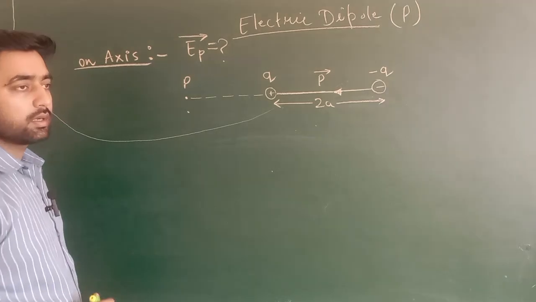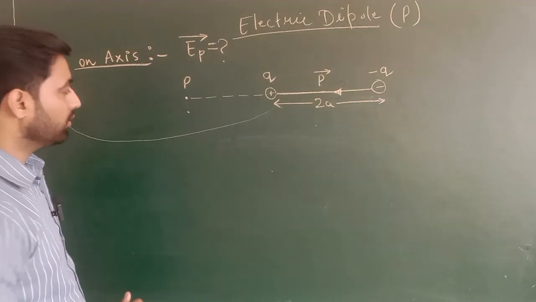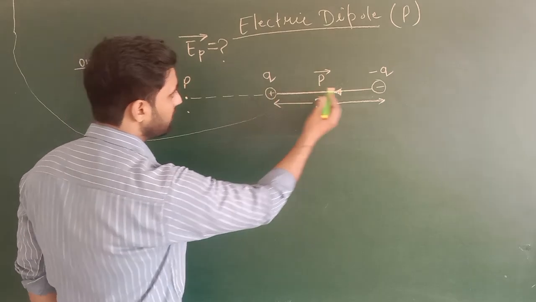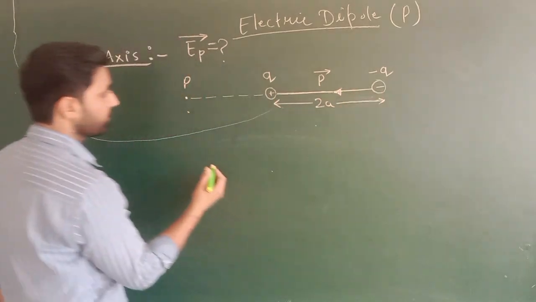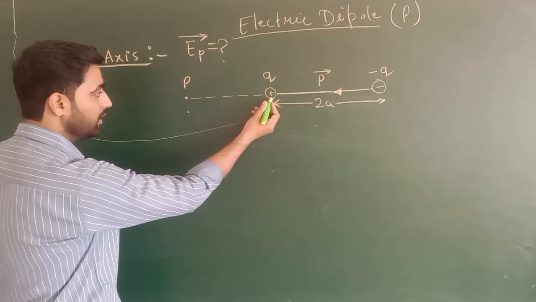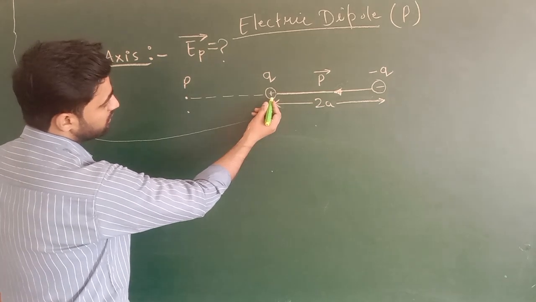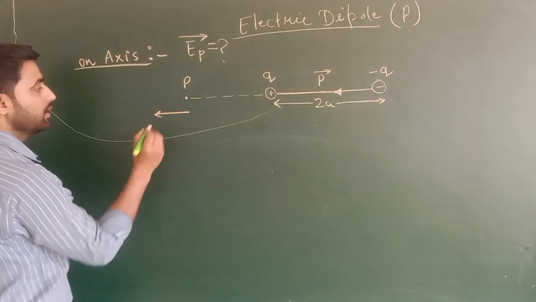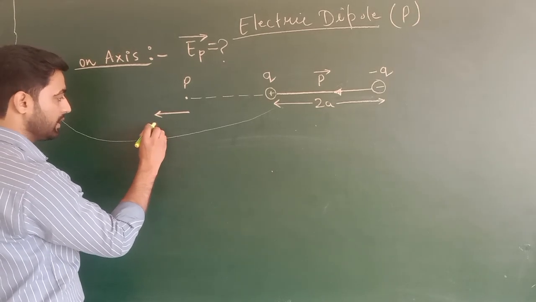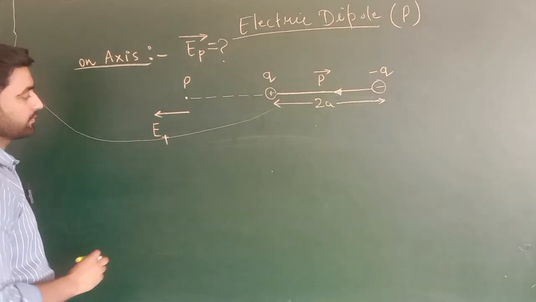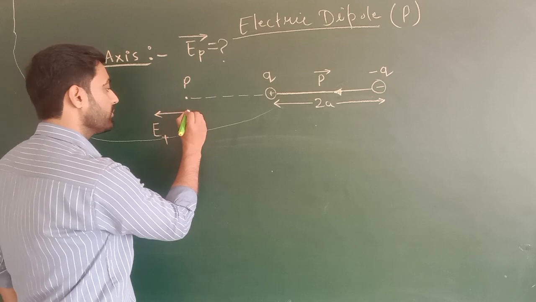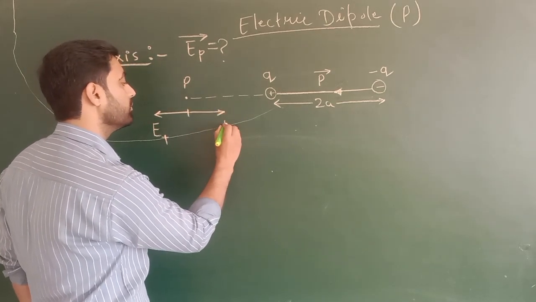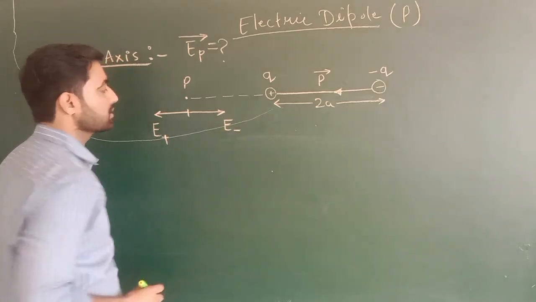On this point P, there will be two electric fields, one produced due to plus charge and second due to negative charge. Direction of the electric field produced due to positive charge will be outward, so I am considering it as E plus, and direction of electric field due to negative charge will be inward, that is E minus.